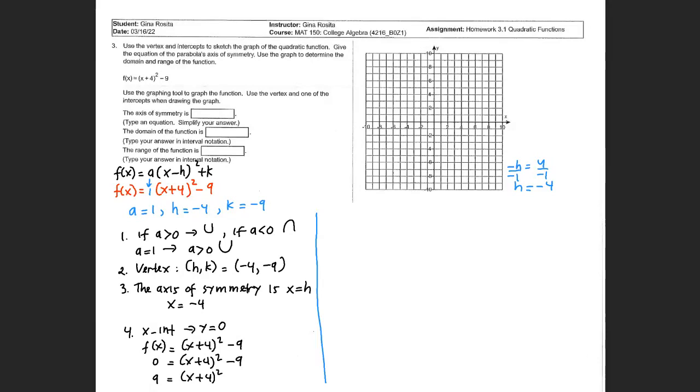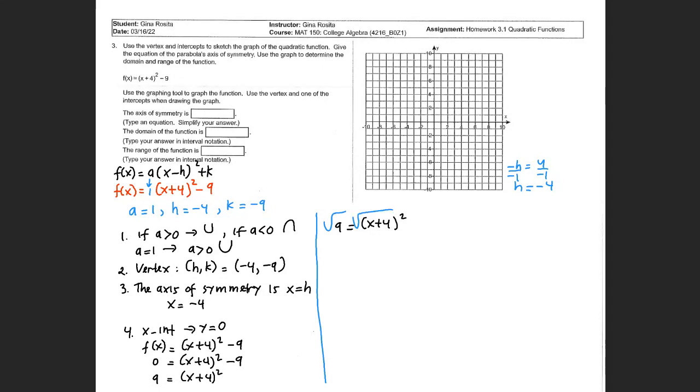Now I just write down again 9 equal x plus 4 squared. We need x, so we square root both sides.